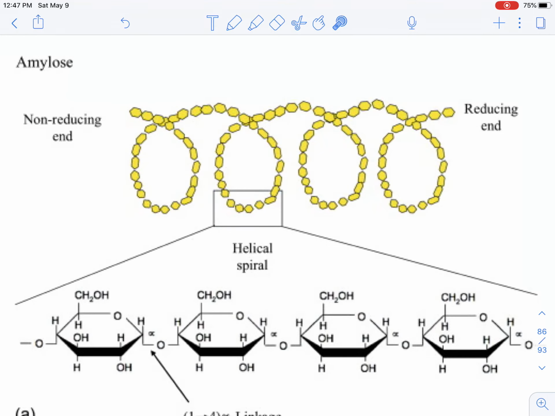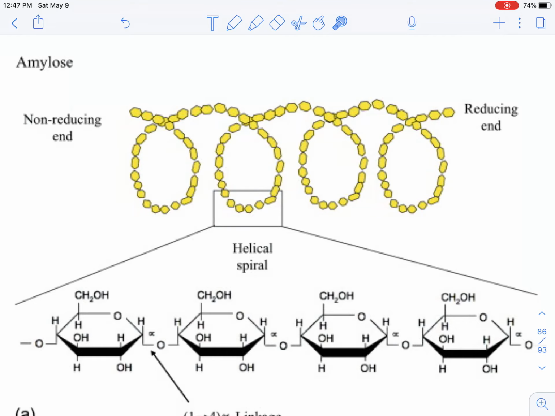And the only reason why you guys are seeing it as a coiled structure is to increase the compactness of amylose. However, if you imagine taking the ends of this helical structure as if it was the ends of a string, and you were to pull it in either direction, then this helical structure will become linear in shape.